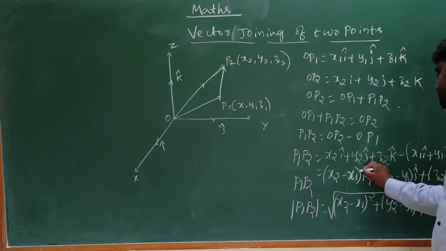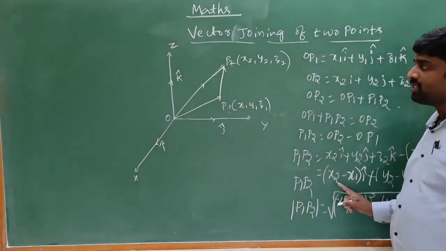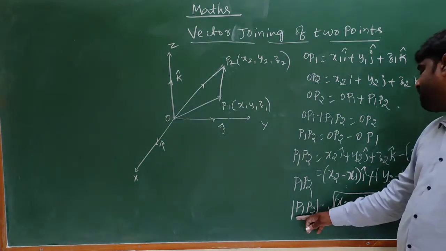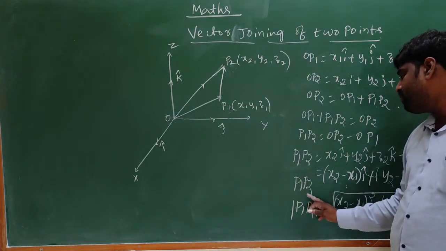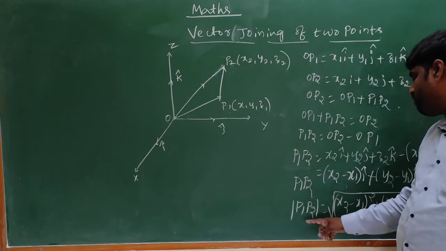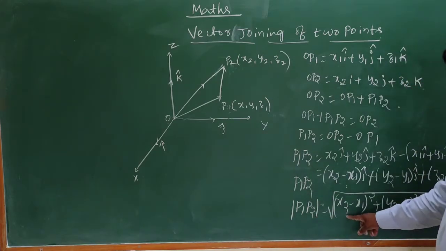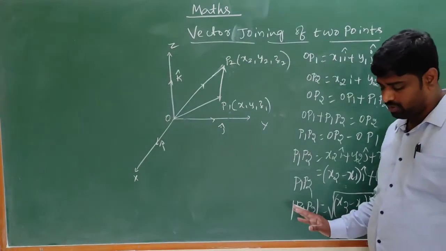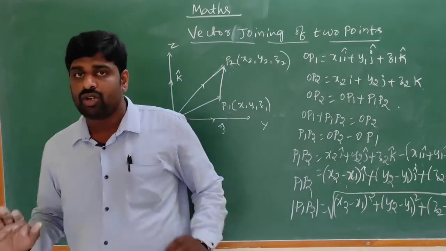This is the distance between two points formula. The magnitude of P1P2 equals the square root of (x2 minus x1) whole square plus (y2 minus y1) whole square plus (z2 minus z1) whole square. So this is the vector joining two points.